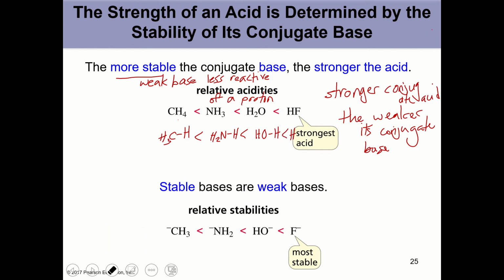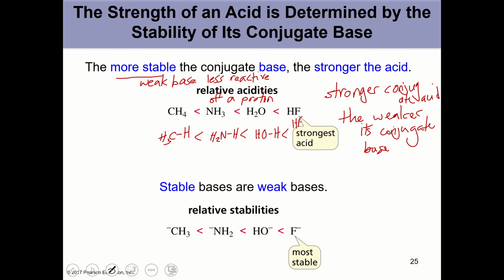I'll write it above there. Okay, HF. So what you might notice is that we have carbon group 4, nitrogen group 5, oxygen group 6, fluorine group 7.